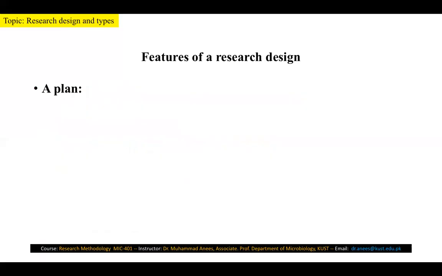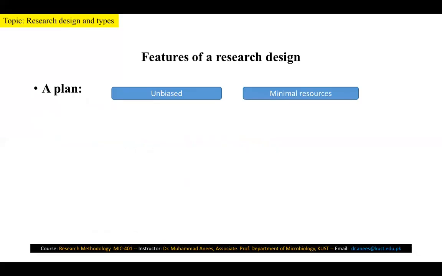Now we talk about the features of research design. A research design is a plan that is mostly unbiased and uses minimal resources. These are the ideal features of a research design.